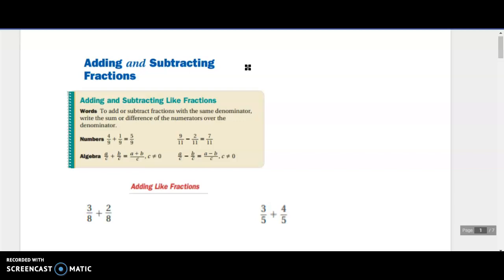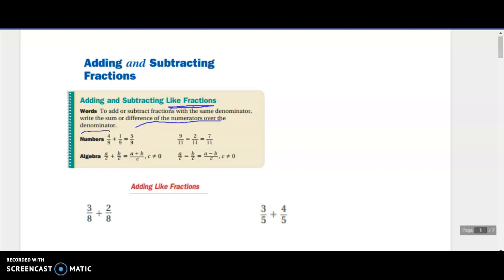Remember, when you are adding or subtracting like fractions, we're going to go over if they don't have the same denominator, but to add or subtract fractions with the same denominator, you're going to write the sum or difference of the numerators over the denominator.